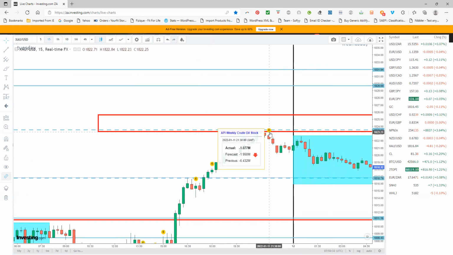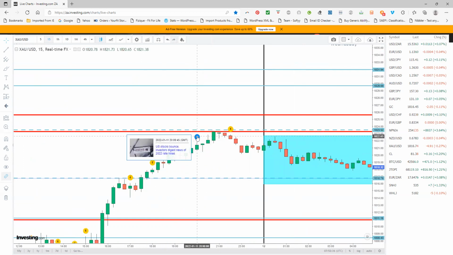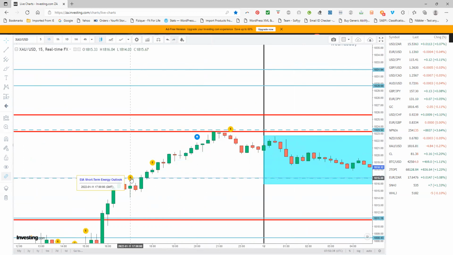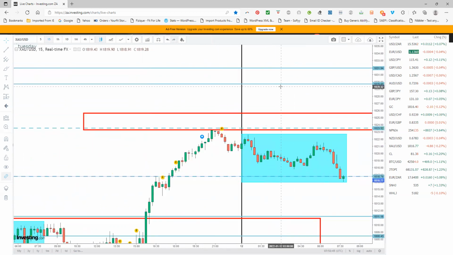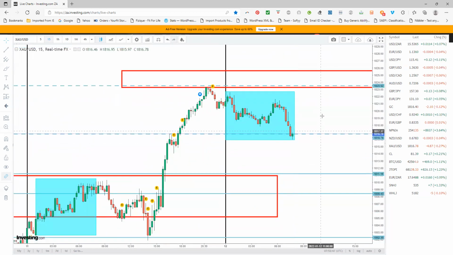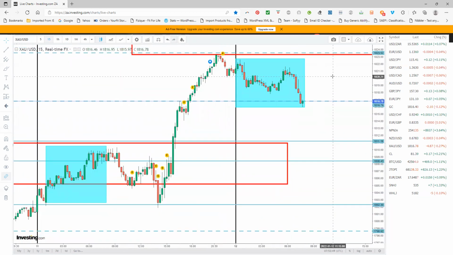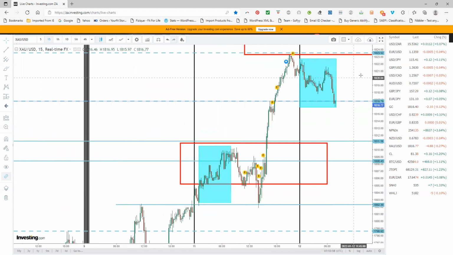It auto maps economic indicators, news events. Nice. It auto puts that in on investing.com. Some people like TradingView. I like investing.com. It's just so much easier for me.